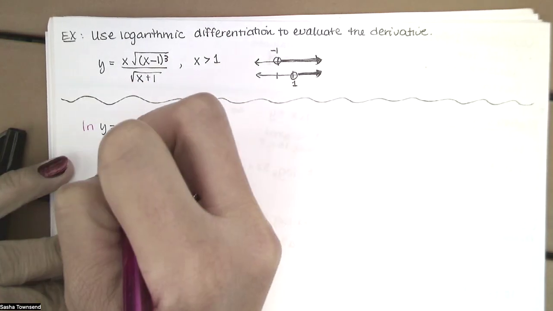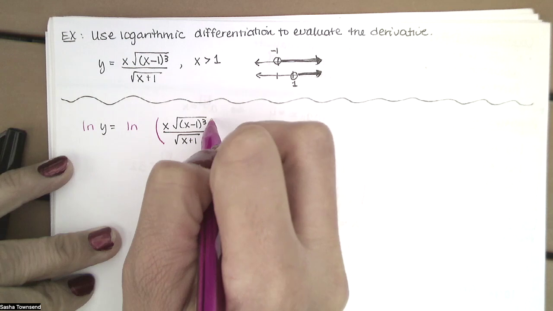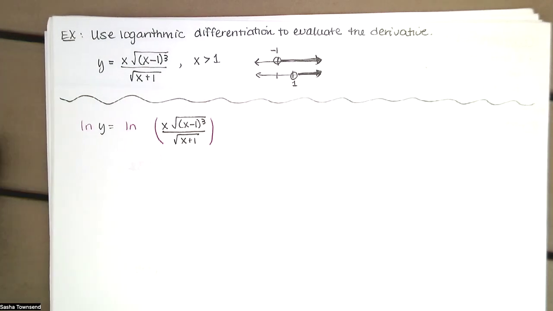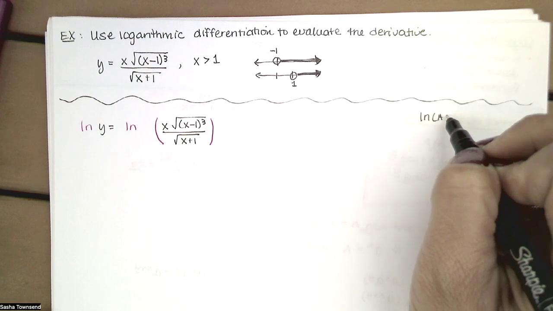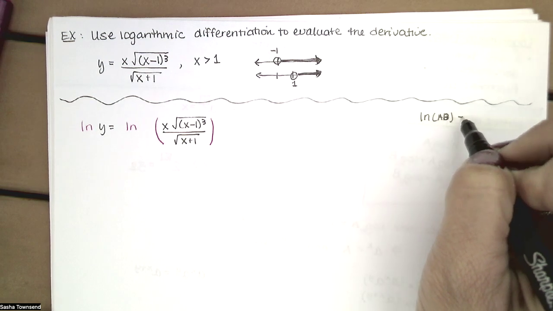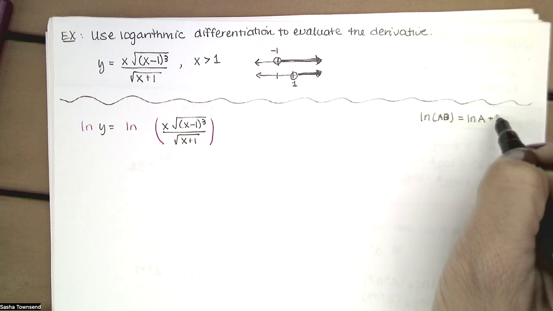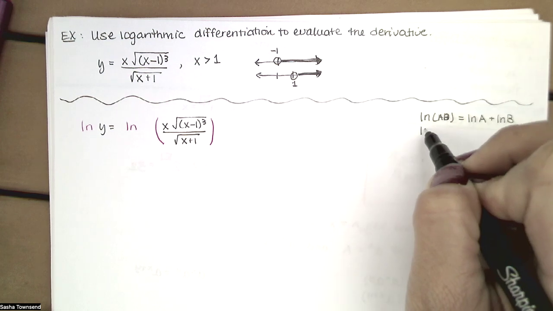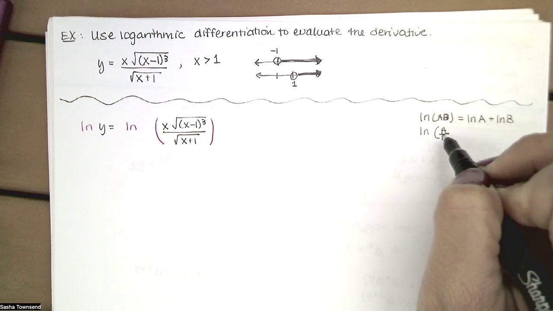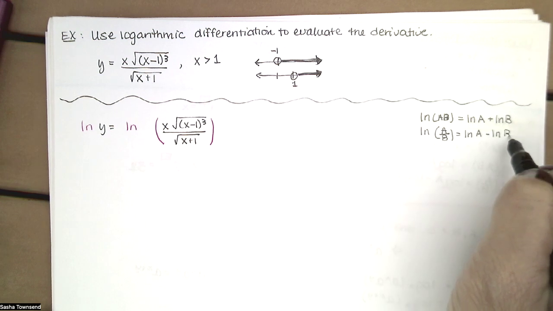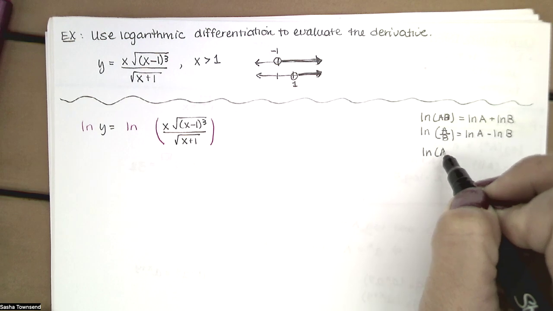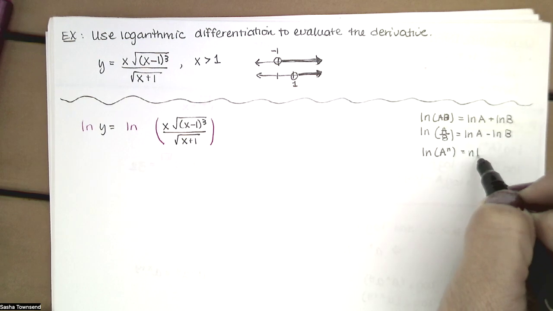And then we use those log properties. I'm just going to use natural log here. Natural log of a product is log of the first factor plus log of the second factor. Natural log of a quotient is log of the first factor minus log of the second factor. And log of a to the n is n times log of a.